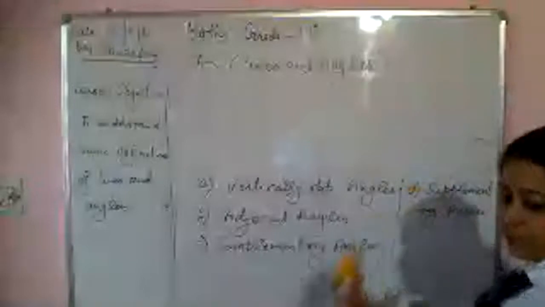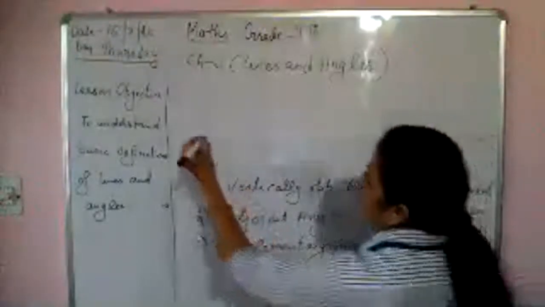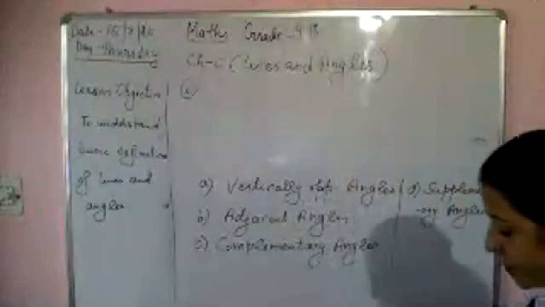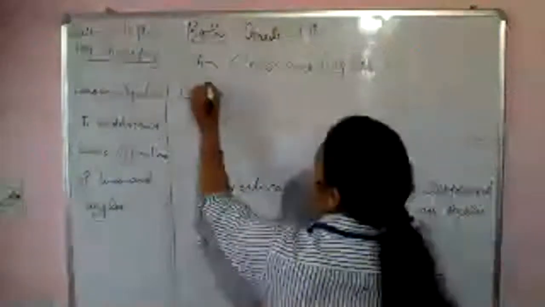So next one, this is your, I think, sixth question. Question number 6, intersecting lines.